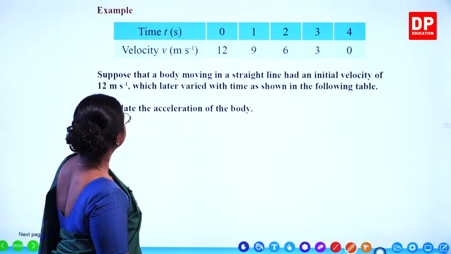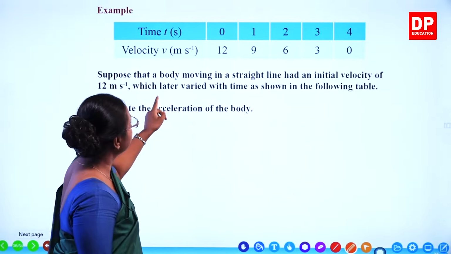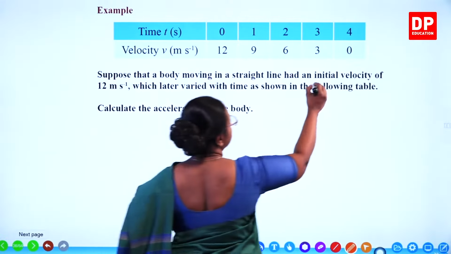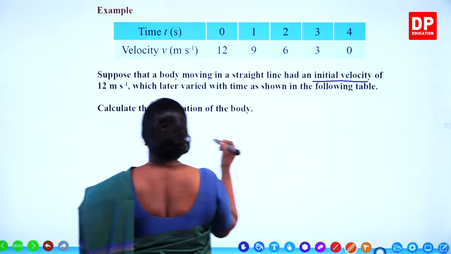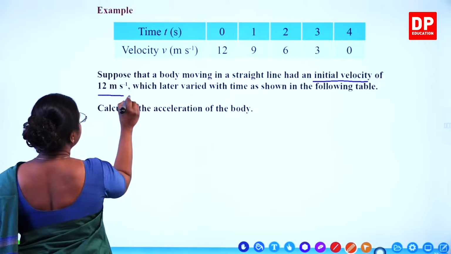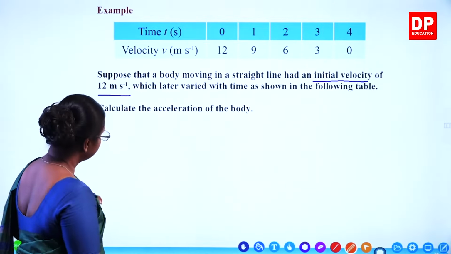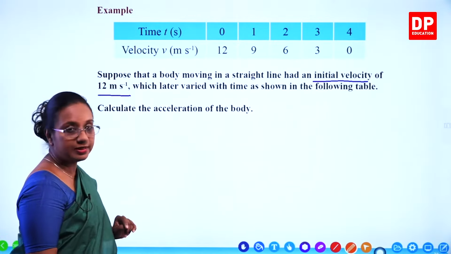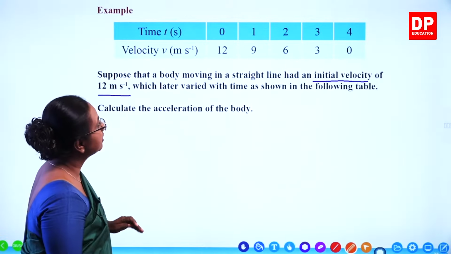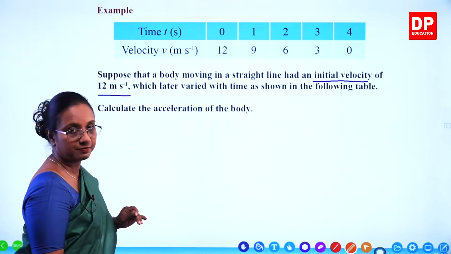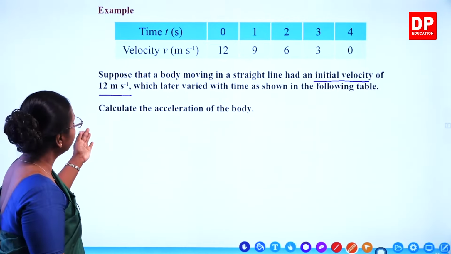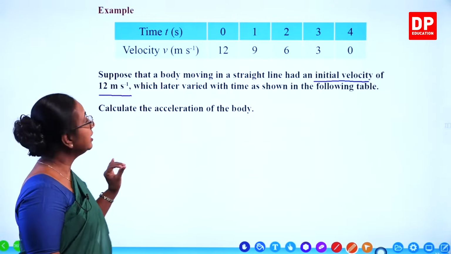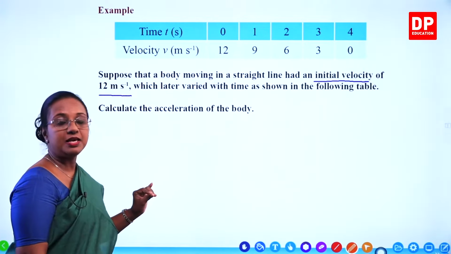So here you can see, suppose that a body moving in a straight line had an initial velocity. There is a value for initial velocity and that is 12 meters per second, and that later varied with time as shown in the table above. So calculate the acceleration of the body. So here again we use the same equation.